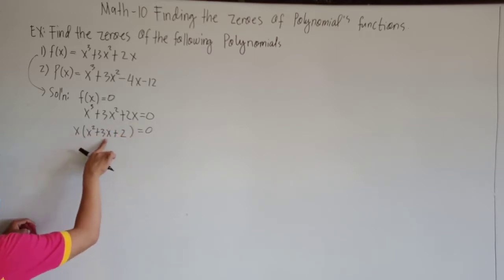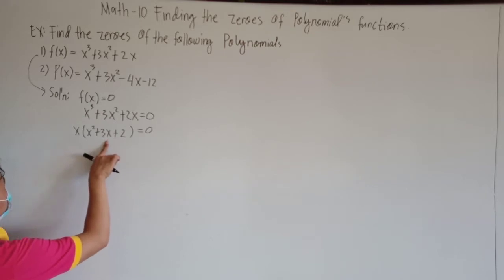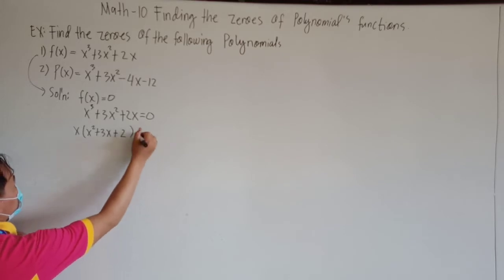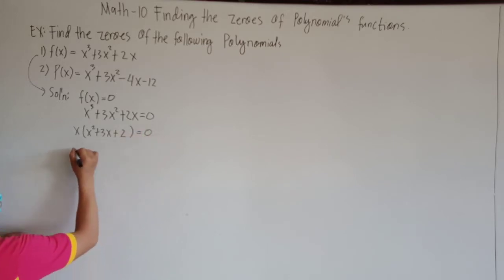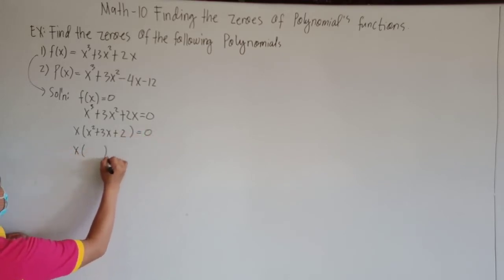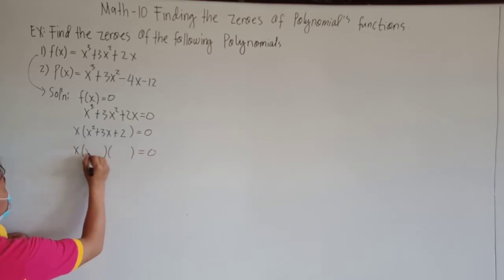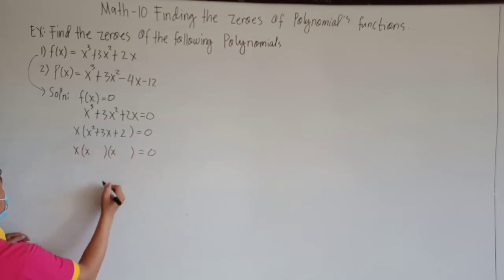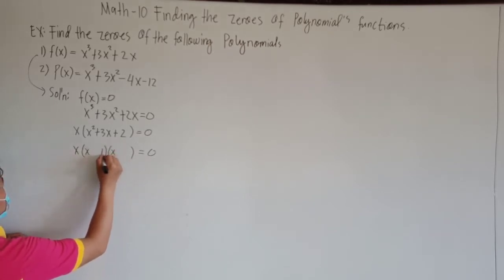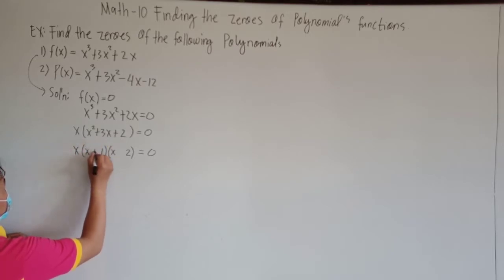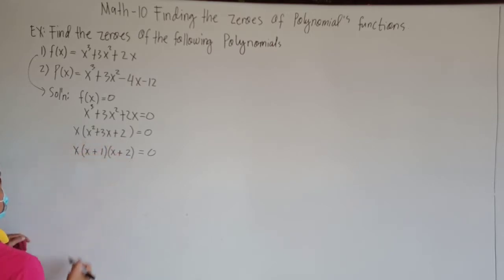And this one is actually a quadratic function, so we can use factoring using two binomial factors. So we have x times the quantity, x squared is x times x, then the factor of 2 is 1 times 2. They are all positive, so we have positive and positive.